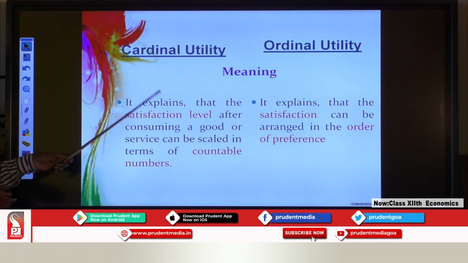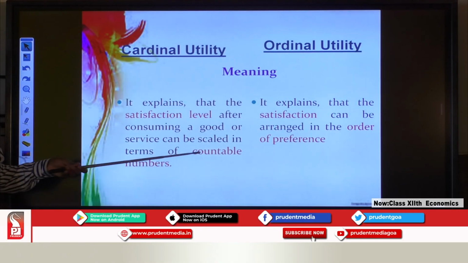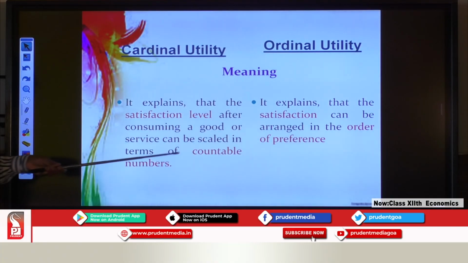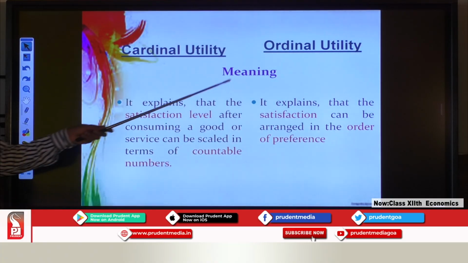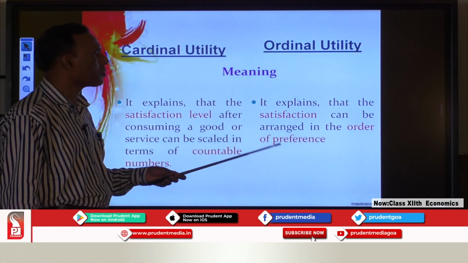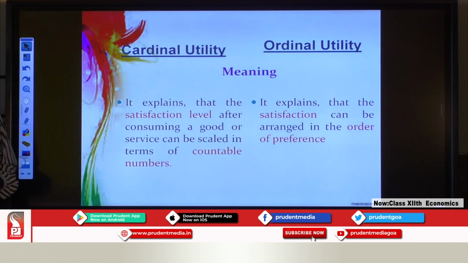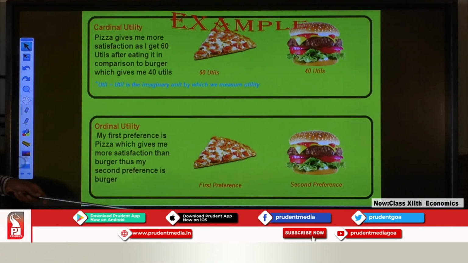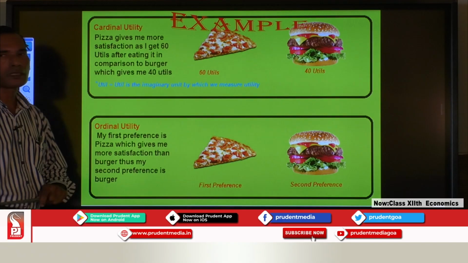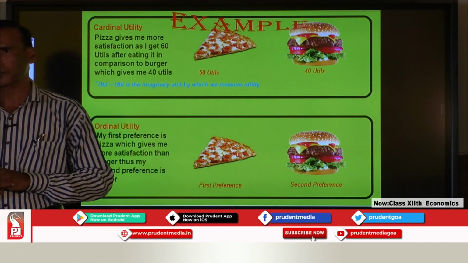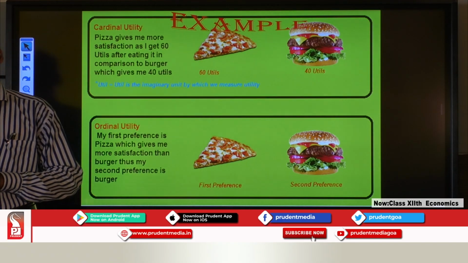Like, I prefer this first, second thing, second preference, third preference, and so on. So in the case of cardinal utility, it is numerically expressed, in countable numbers. Coming to ordinal, we measure satisfaction according to preferences. For example, pizza. By consuming pizza, it gives me 60 utils.